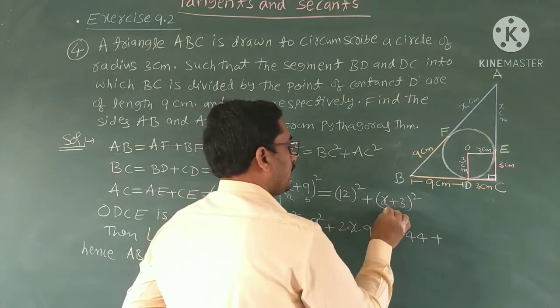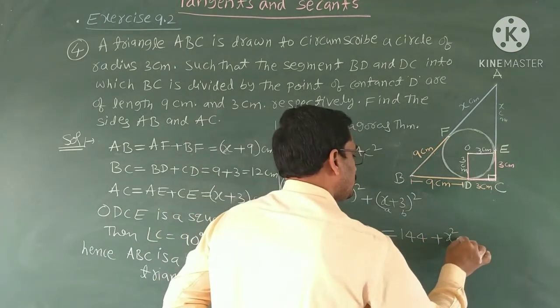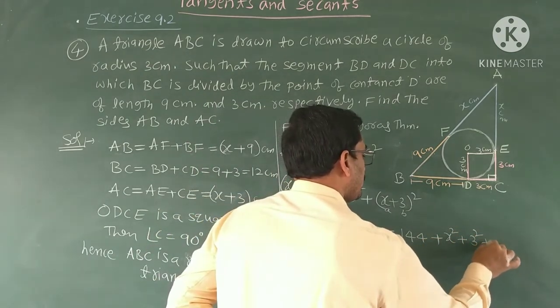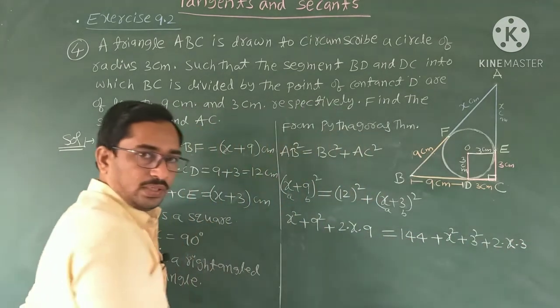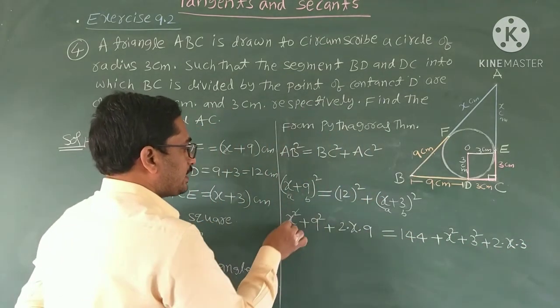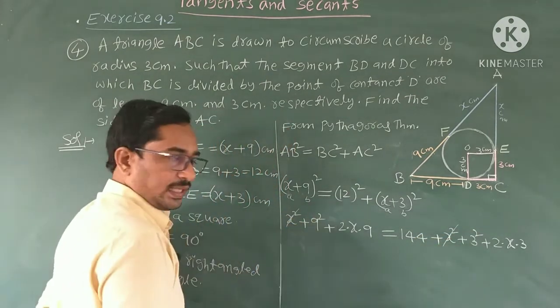A value x, b value 3, a square plus b square plus 2ab. Now x square gets cancelled, both are the same sign, so cancel.